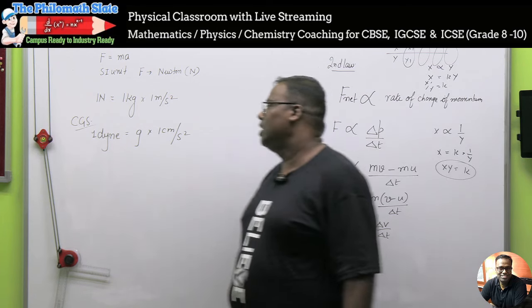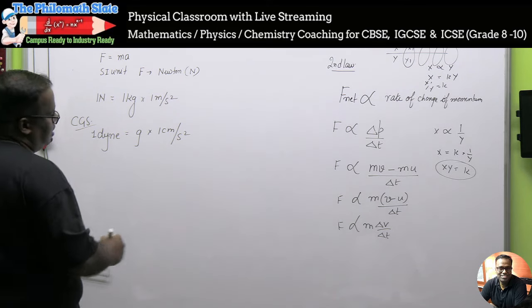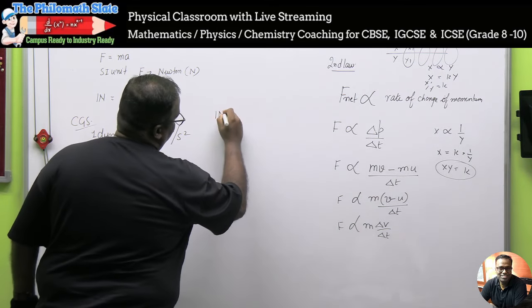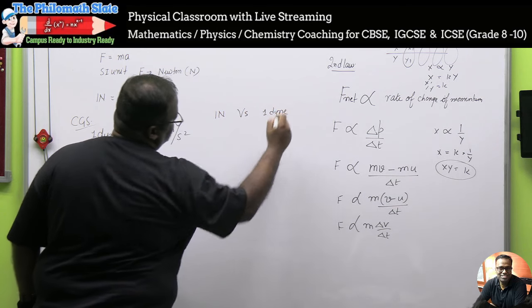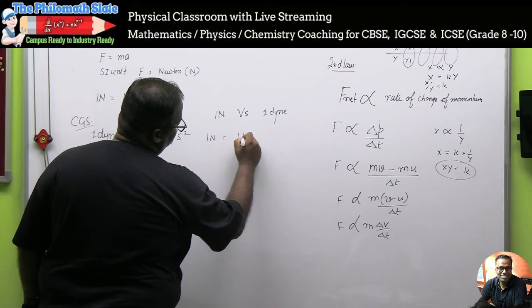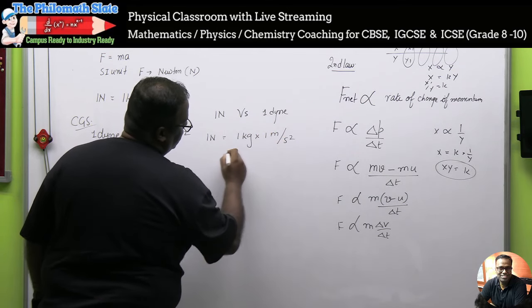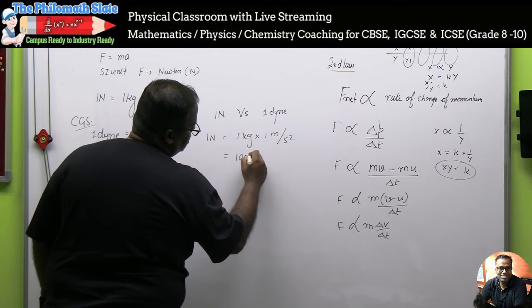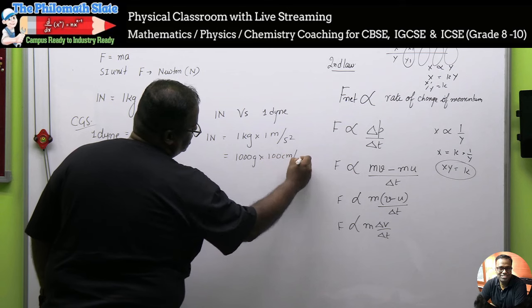ठीक है, अब इसका कन्वर्शन देखते हैं. How to convert? Let's say 1 Newton versus 1 dyne. Let's do this conversion. ये सब करो फिजिक्स में, तब मजा आएगा. 1 Newton is equal to 1 kg into 1 meter per second square. 1 kg can be written as 1000 grams and 1 meter can be written as 100 centimeters per second square.